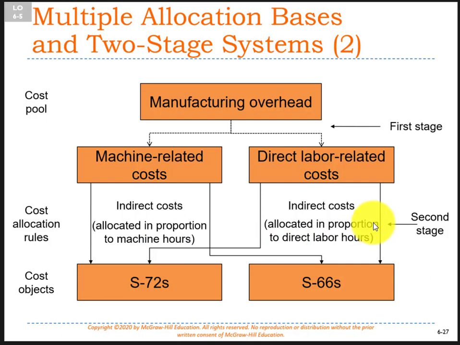And now, a couple things to remember. The direct labor-related costs and machine-related add together to manufacture. It's the same cost we were talking about before. But we're trying to add some ways of thinking about it a little better, and maybe we'll get a better estimate.